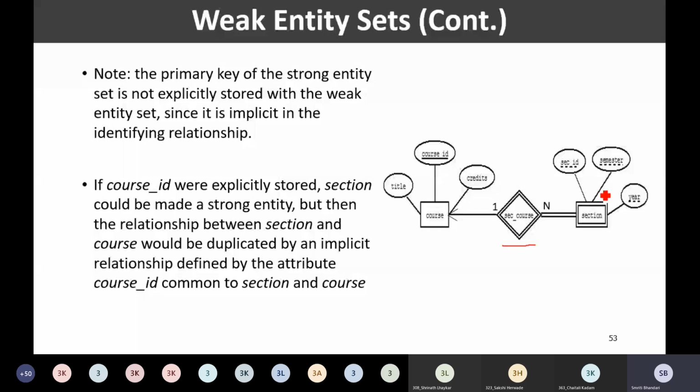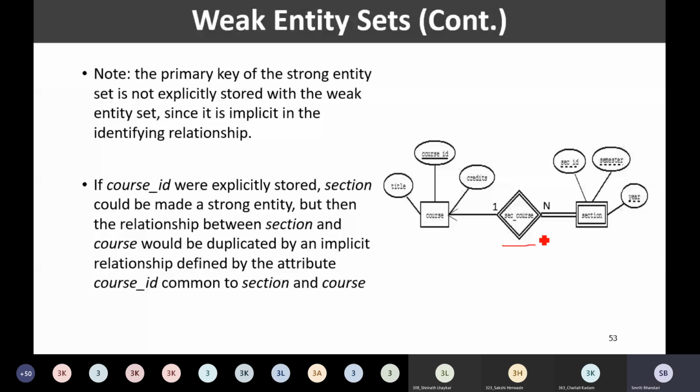What do we mean by that? See, with this weak entity set, we have an associated strong entity set, right? And this association is depicted via this identifying relationship.